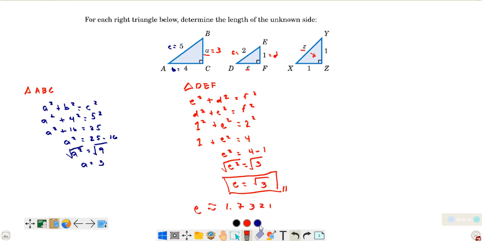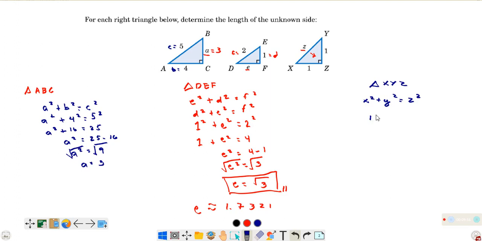Now, let's continue with the last triangle. We have XYZ. Dapat capital letter pag magpapangalan ng triangle. So the two legs are X and Y, and the hypotenuse is Z. So we have X squared plus Y squared is equal to Z squared.